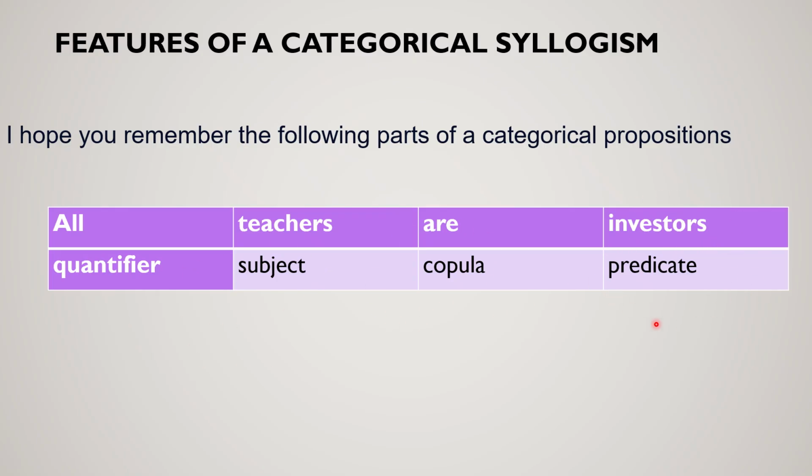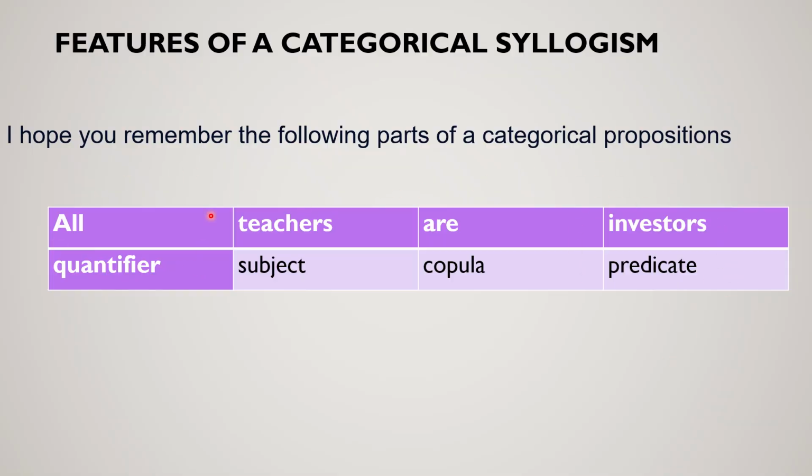I hope you remember that from the first episode. For example, when we say all teachers are investors, all is giving us the number, a quantification: how much or how many. And then we have the subject class and the predicate class.